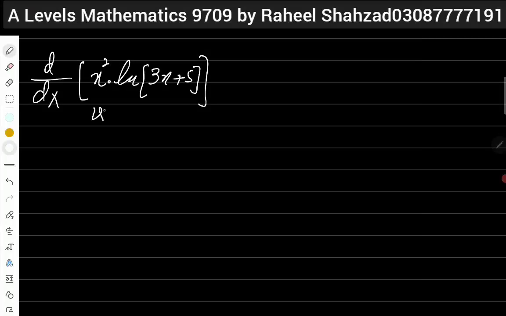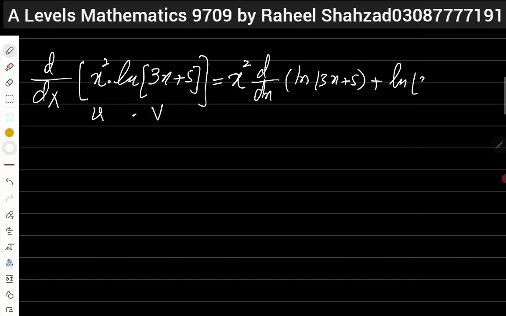Again we will consider this as u and this as v. So we have the first function as it is, times the derivative of the second, the derivative of ln(3x + 5), plus ln(3x + 5) as it is times the derivative of x².